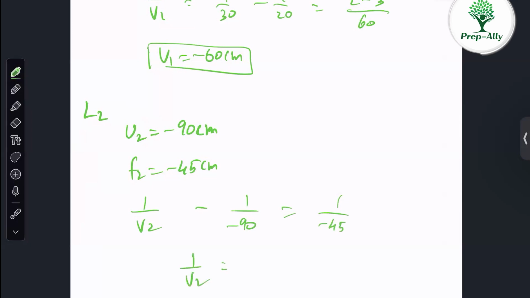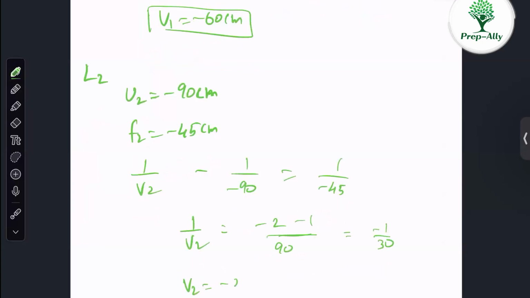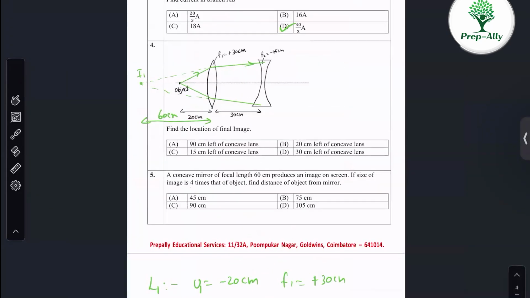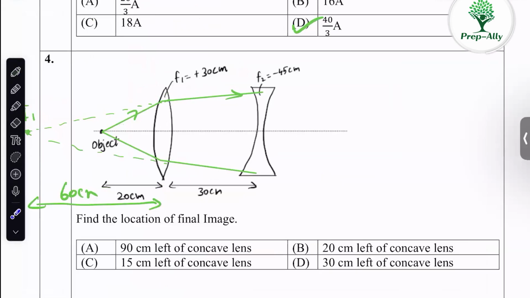So 1 by V2 is minus 2 by 90 minus 1 by 90. So we get V2 as minus 30. So it is formed at minus 30. That is basically 30 centimeters to the left of the concave lens, which happens to be exactly coinciding with the optical center of this.